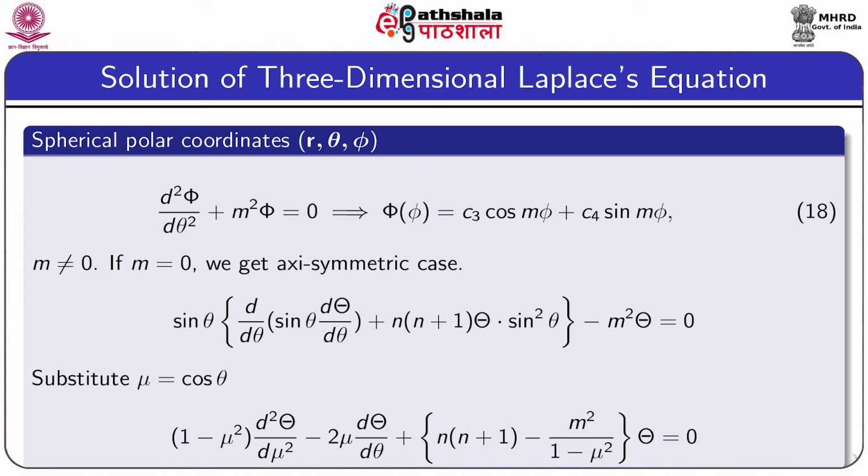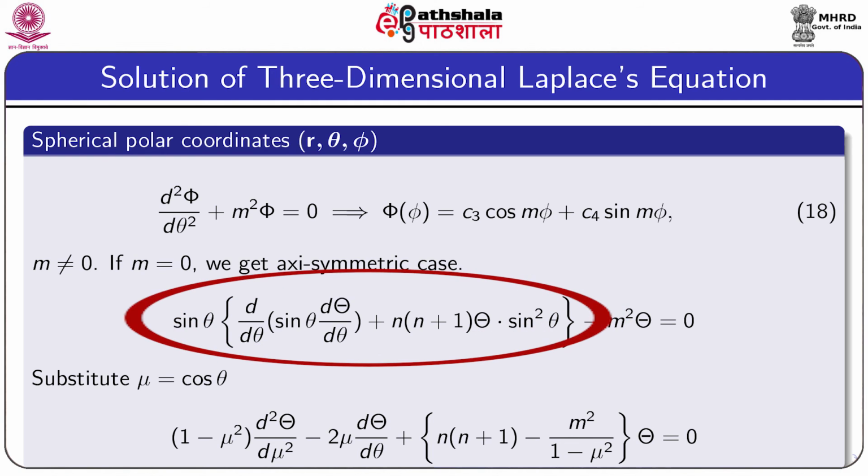From the phi equation we can obtain the solution easily, as Phi equals C3 cos m phi plus C4 sin m phi, where C3, C4 are constants. If m is equal to 0 we get the axisymmetric case. See equation number 18: if we put m equal to 0 in this equation, capital Phi becomes a constant. That means the solution does not depend on the variable phi. So, this case is called the axisymmetric case.